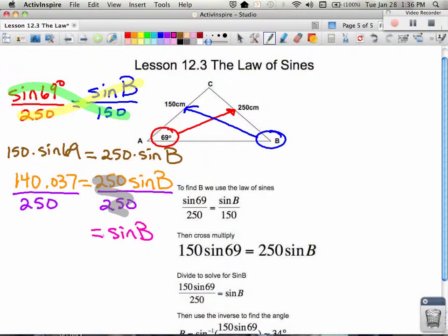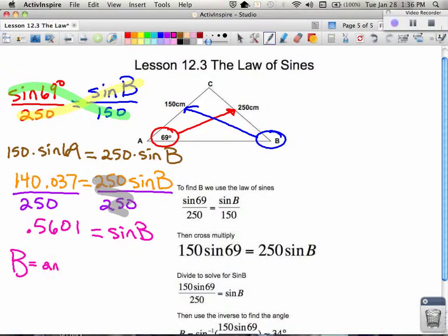And on the left side, when I divide the 140.037 by 250, I end up with 0.5601.